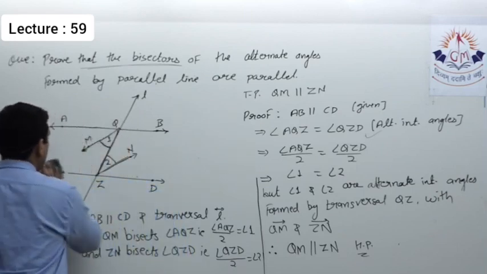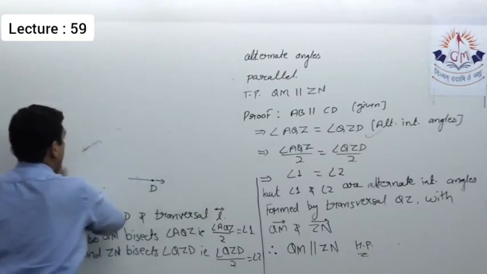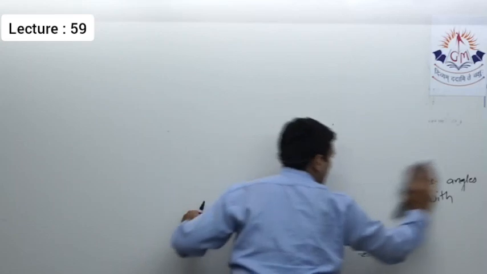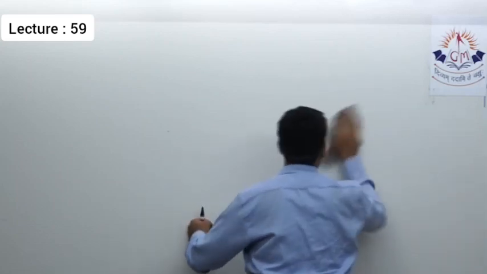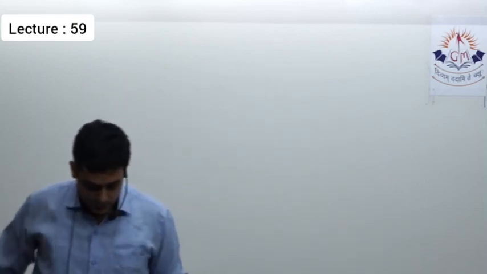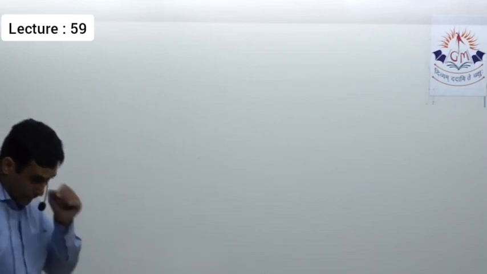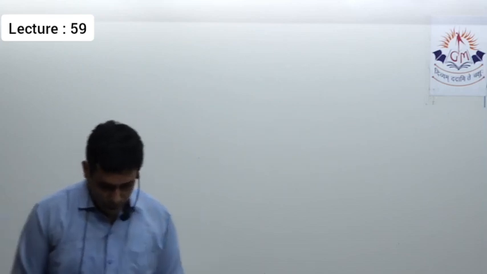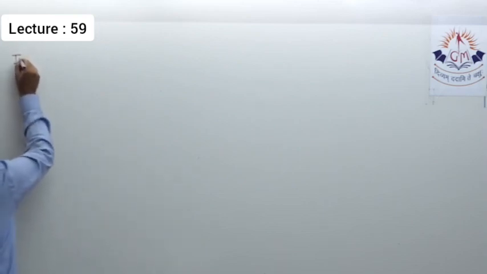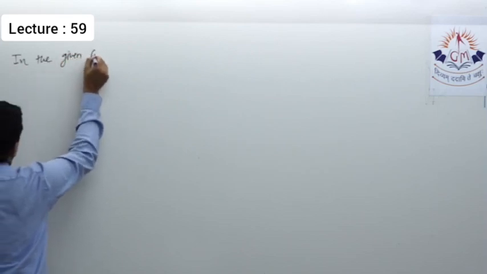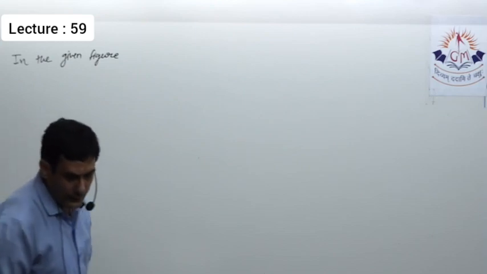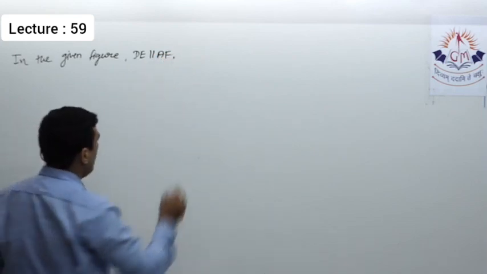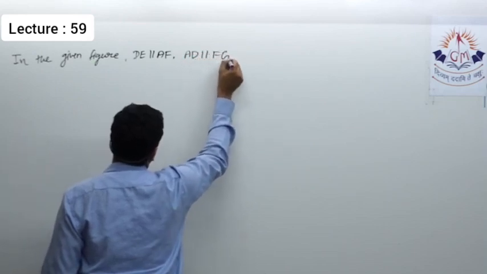Okay, now let us see the next question. In the given figure, DE is parallel to AF, and AD is parallel to FG.